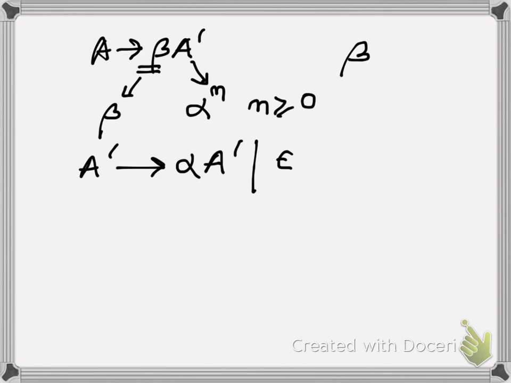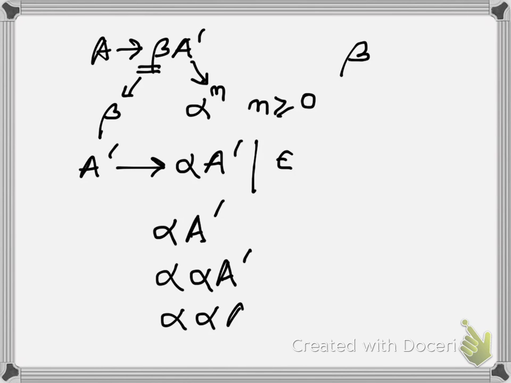If A dash is not epsilon, then A dash will start with alpha and then it will lead to another A dash. Again, I may replace A dash with alpha A dash, or again alpha A dash.